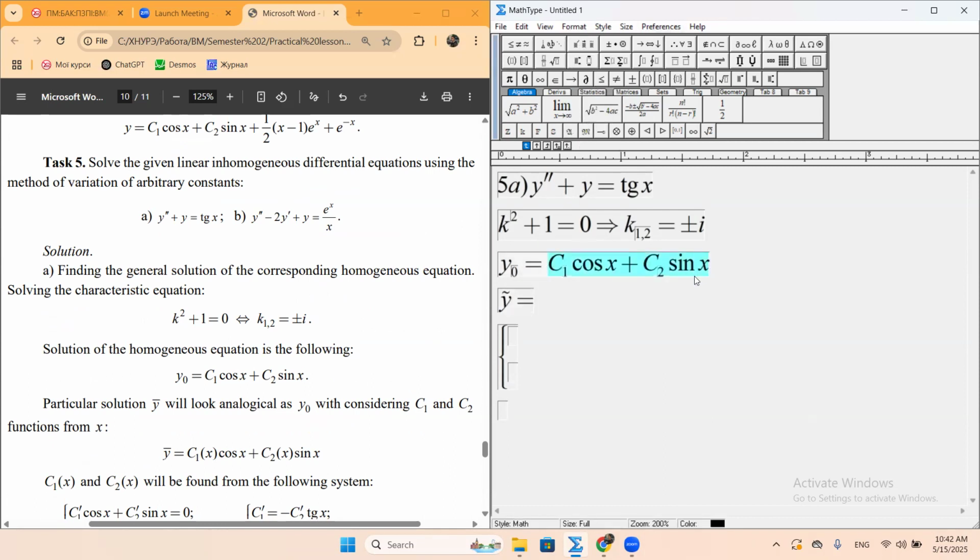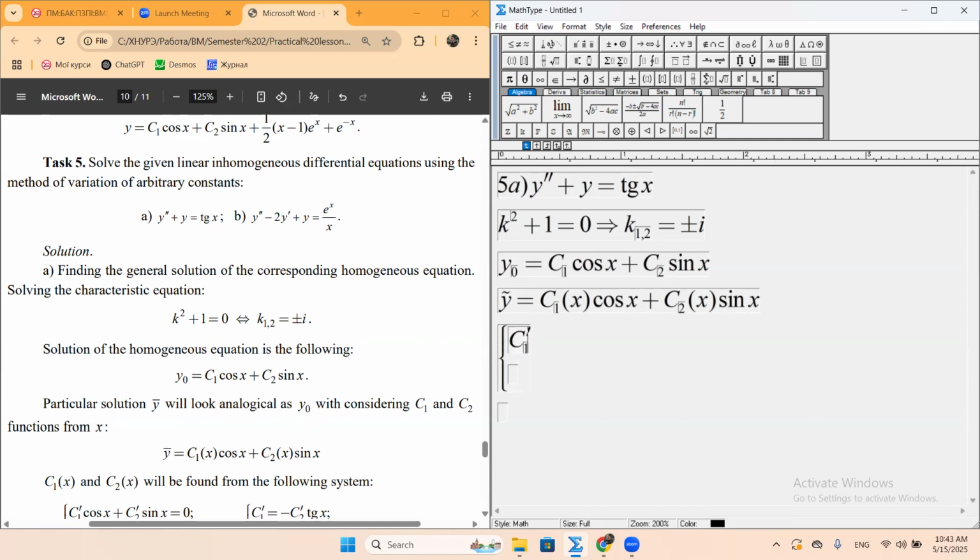Remember, as in first order differential equations, we consider that C1 and C2 are functions that depend on x. And they will be found by the following formula.